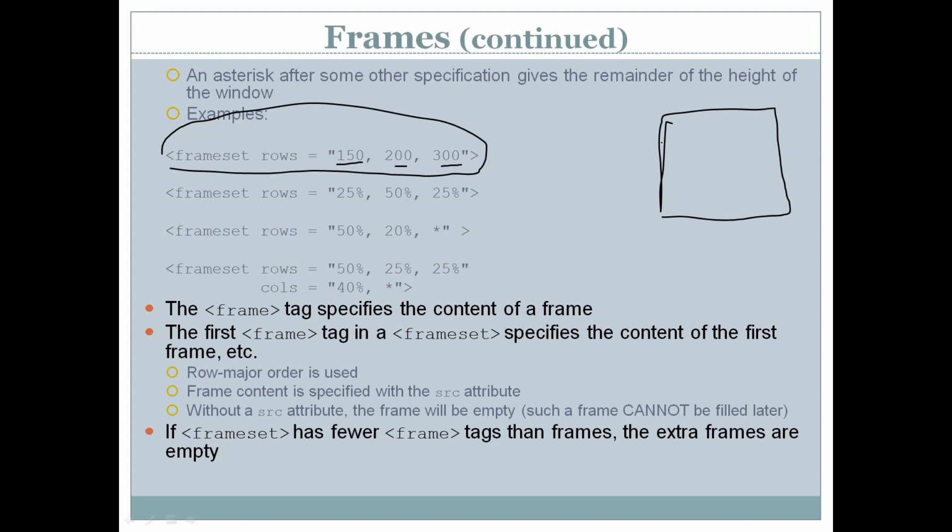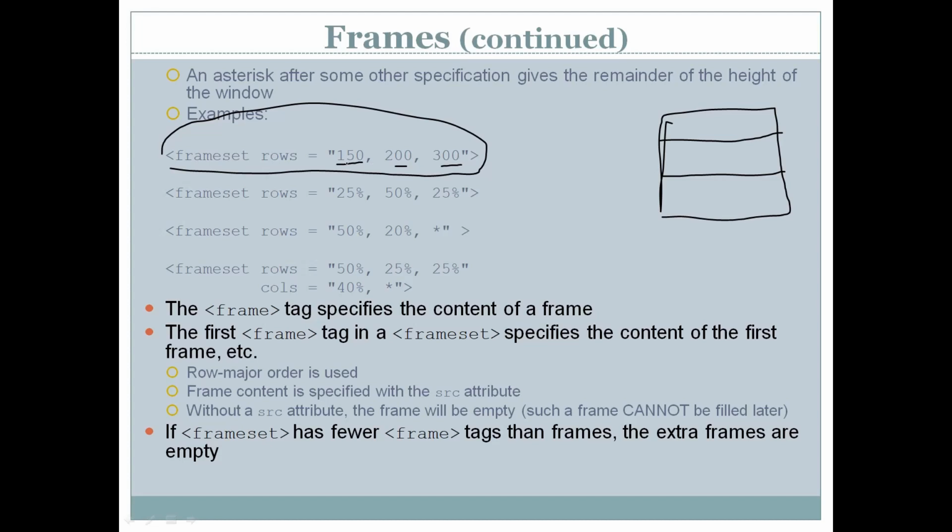The first row will have a height of 150 pixels. The second will have a height of 200 pixels, whereas the third will have a height of 300 pixels. So totally 1, 2 and 3 rows. How are these rows specified? They are specified by using the rows attribute, and the height of every row is specified by separating it with a comma in between.